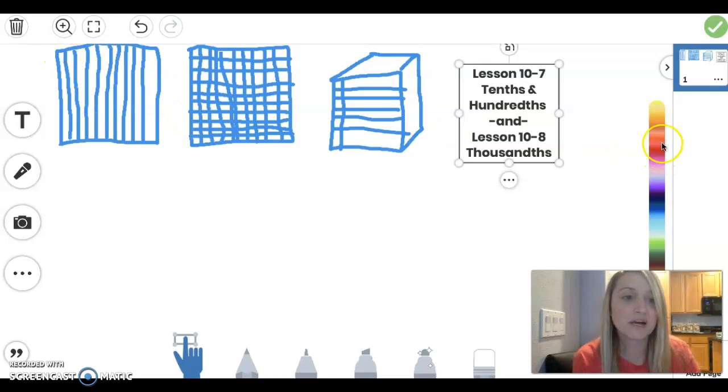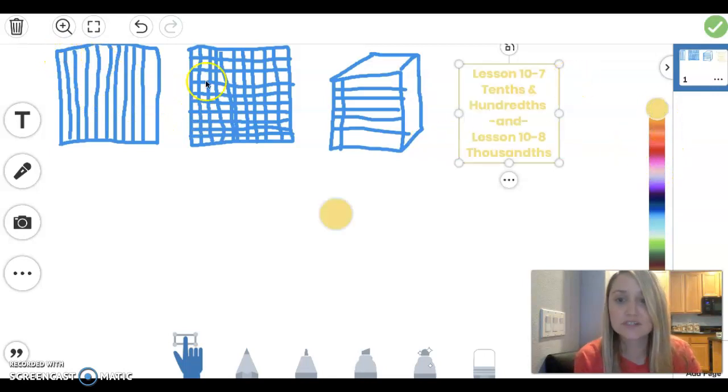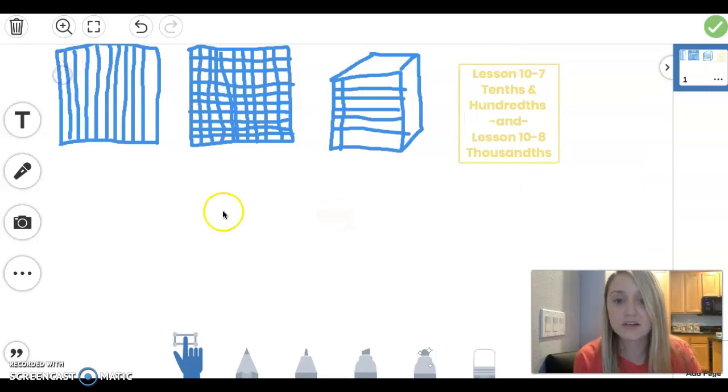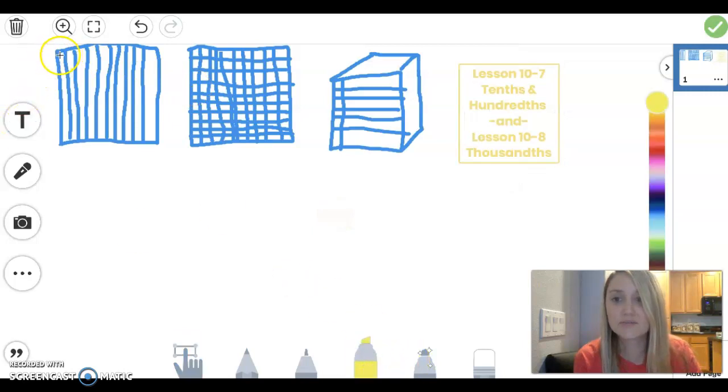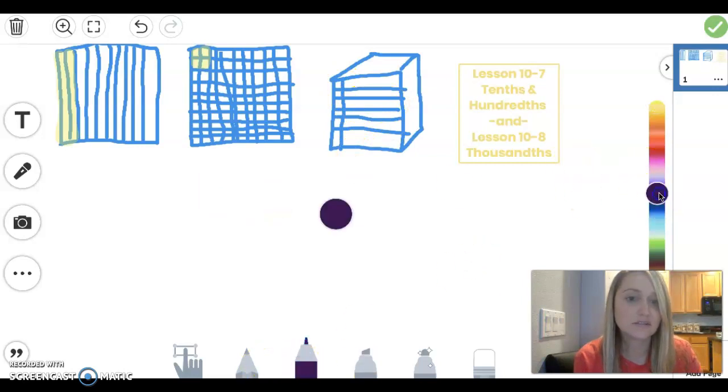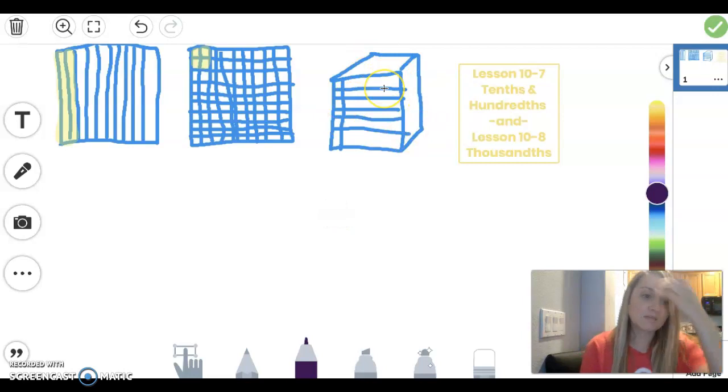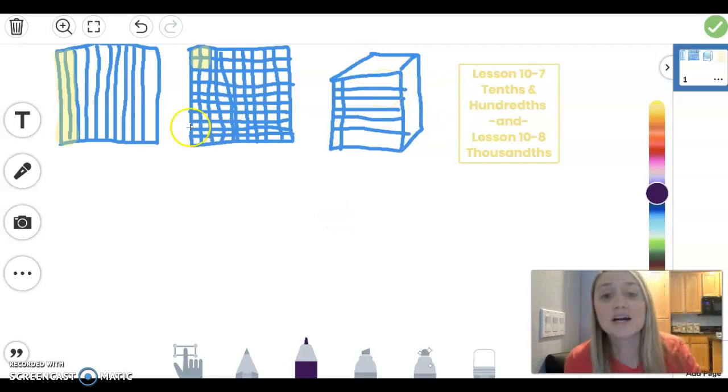So remember back when you first did place value, we talked about if we had this shaded and this shaded. Let's see, I'm just going to give a couple. And then that would be a thousandths. So usually this would represent that whole thousandth block.